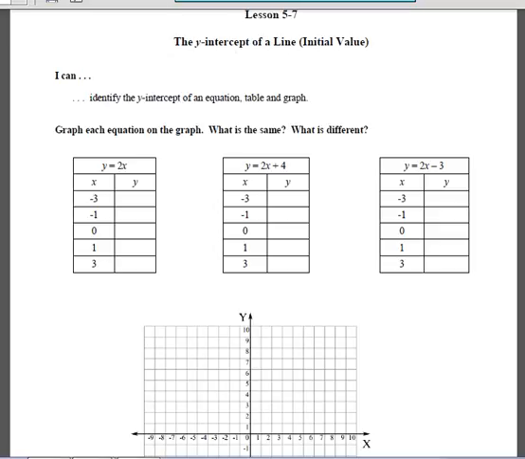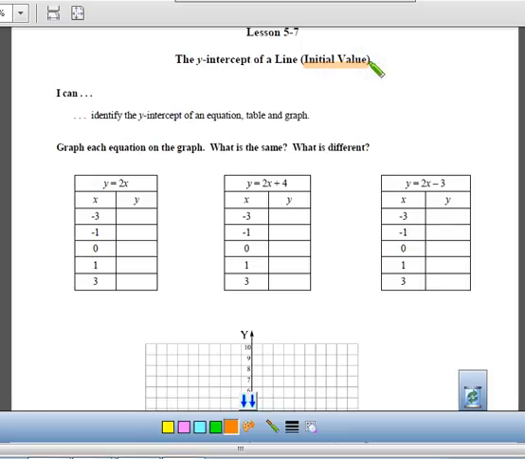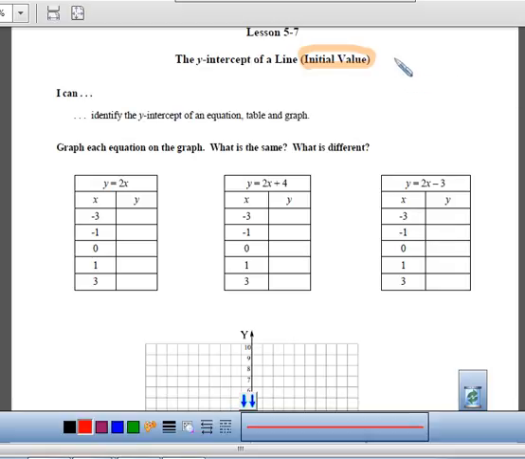So you'll remember from the last lesson we learned about initial value and what that means. Essentially, the key idea is to remember initial value is what we're really talking about when the input, which is also the x value, is equal to 0.